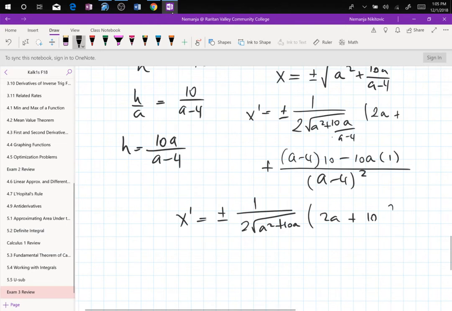So this will be A minus 4, okay, so if I factor out 10, A minus 4 minus A, divided by A minus 4 squared.